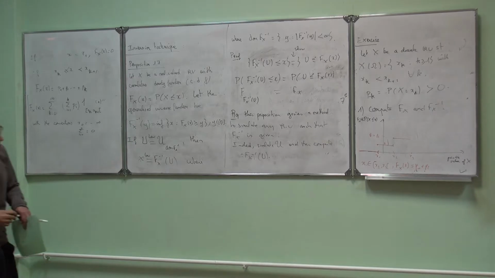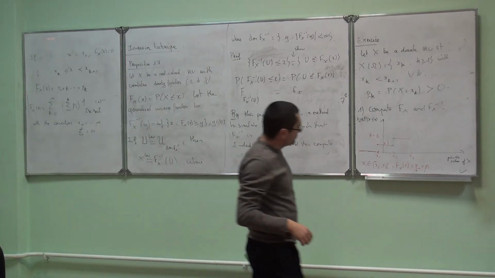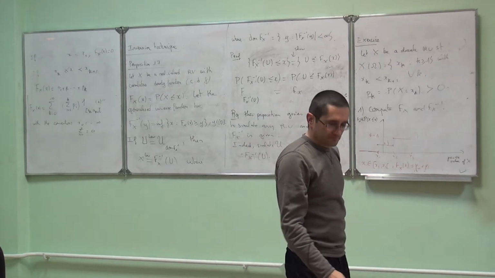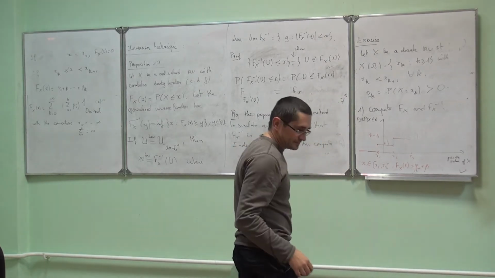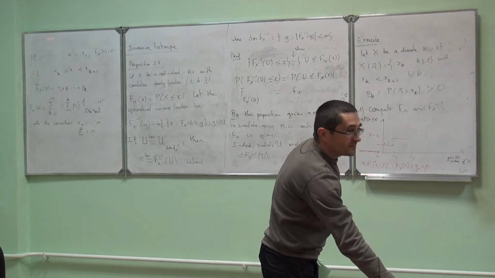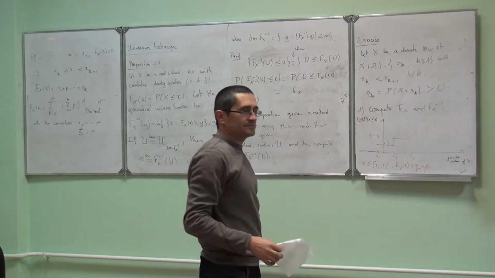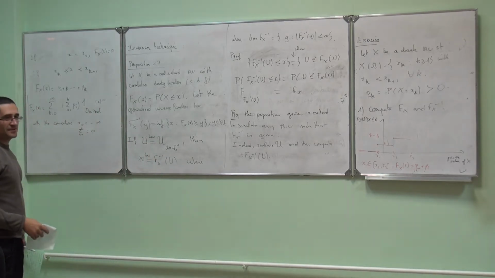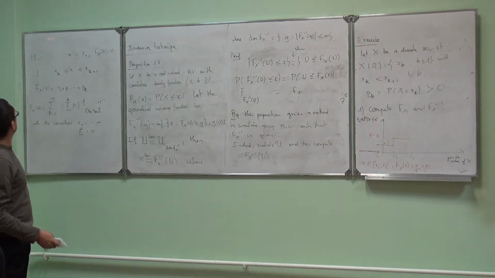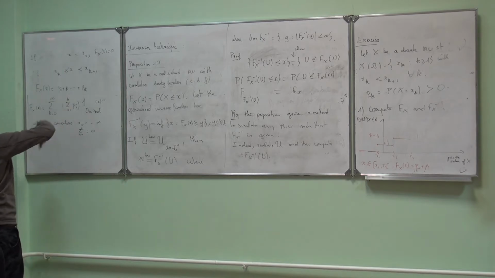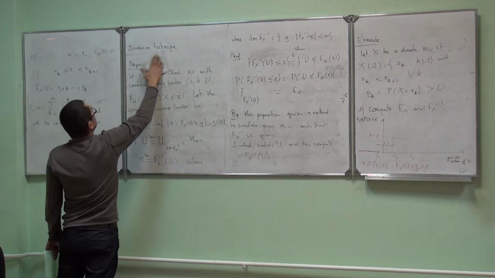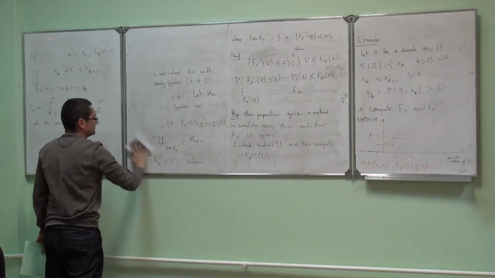Okay? So this is the expression. Now you can also use this graph to deduce F_X^{-1}. You agree with this expression? Yes. I wrote otherwise this property.